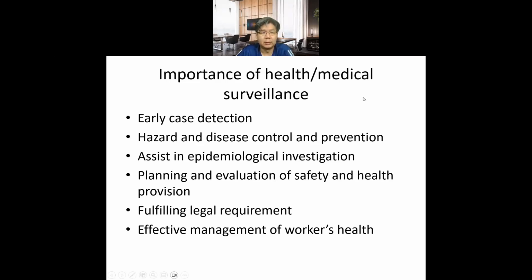So what are the important aspects of this medical surveillance? It is for the purpose of case detection and also hazard and disease control and prevention. This medical surveillance can also assist in our epidemiological investigation.